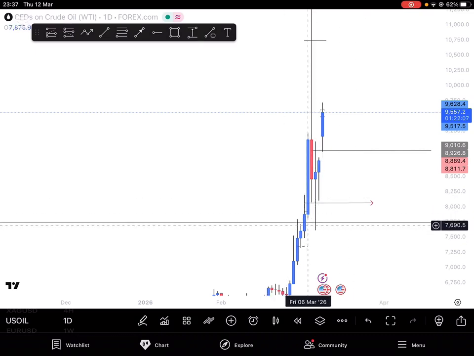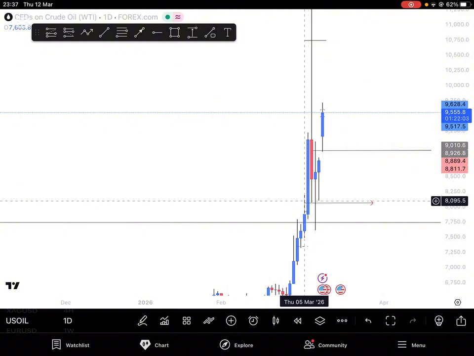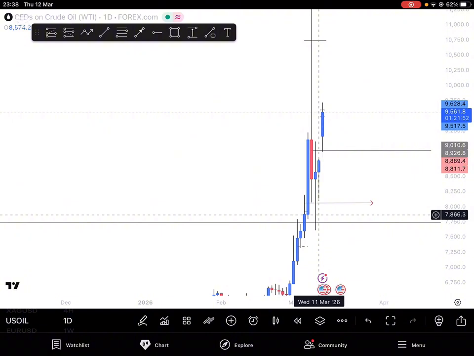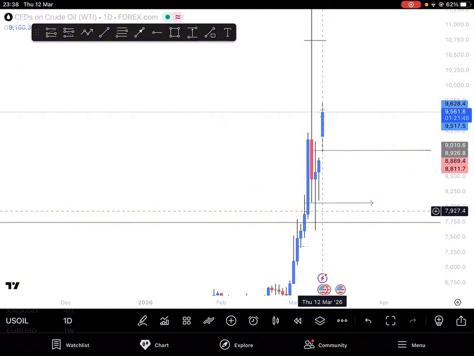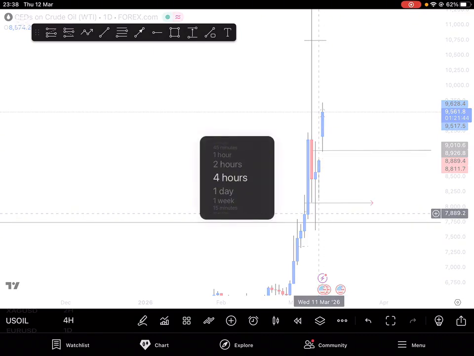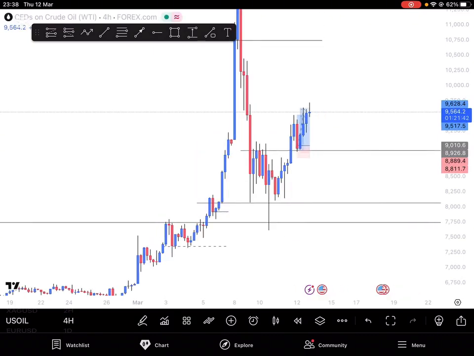You see the way price rejected from it, but you don't know what the market is going to do. The market has a mind of its own, so you can't just say it because you marked out a zone. The zone is just your expectation, what you're waiting for. So you have to wait for confirmation. For me, I wait for confirmation.